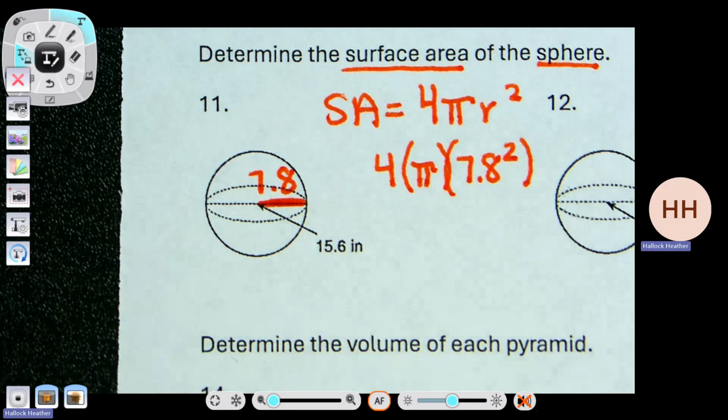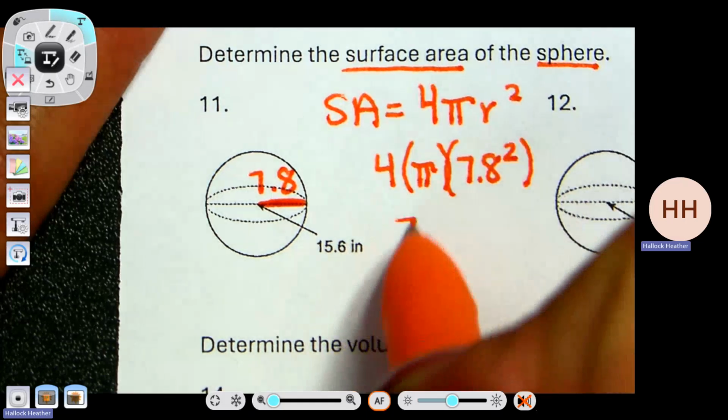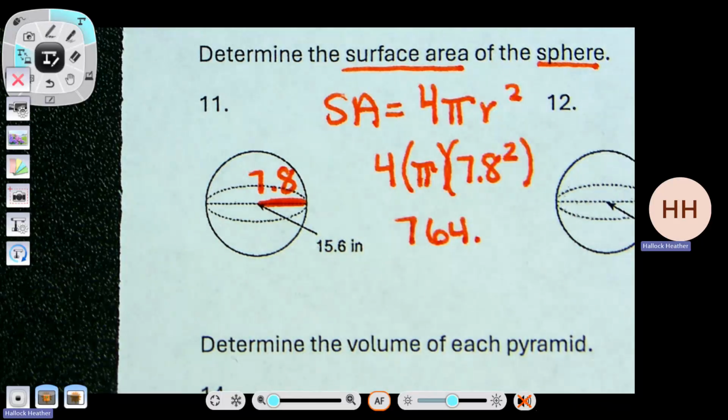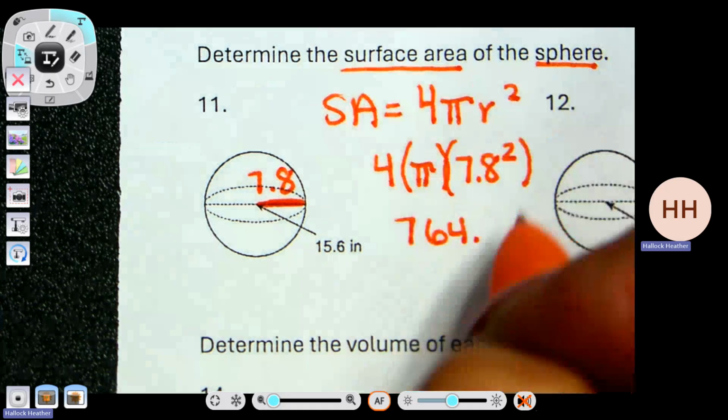So if you type that into Desmos, what is your answer? 764.54.